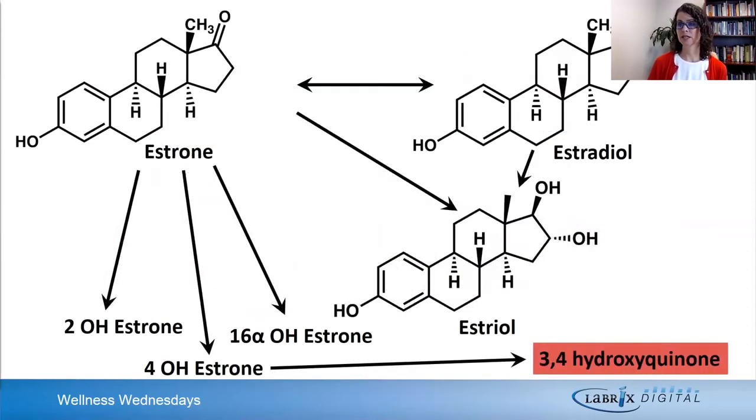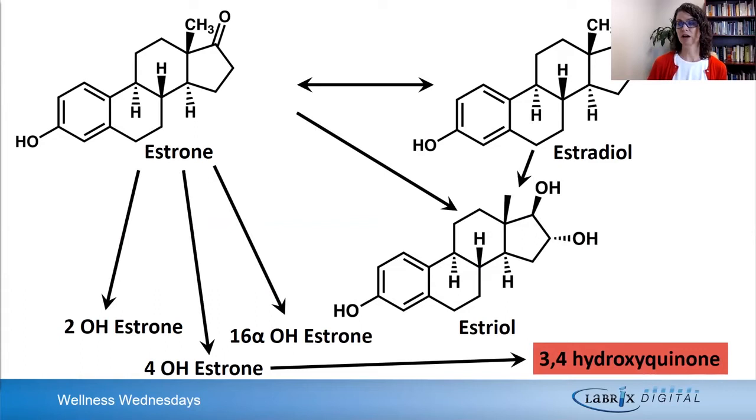So you can see here the three molecules of estrogen: estrone, estradiol, and estriol. Of note, you will see that estrone can convert into estradiol, and estradiol can convert into estrone, and both of them can convert into the more protective form of estrogen, which is estriol.